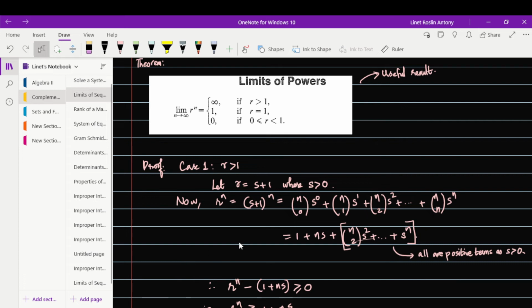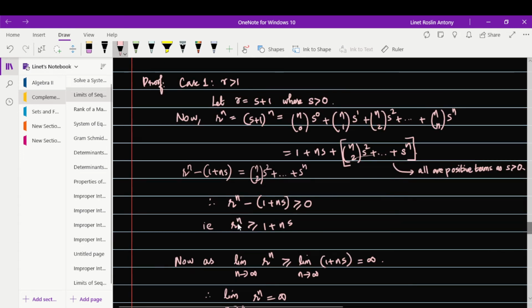Right. So this is because r raised to n minus (1 + ns) is equal to nC2 s square plus etc. plus s power n, which are all positive. So you get r raised to n minus (1 + ns) is greater than or equal to 0. So r power n is greater than or equal to 1 + ns.